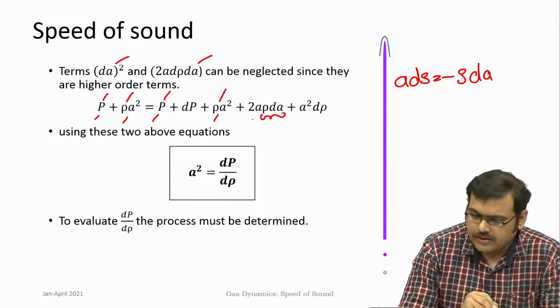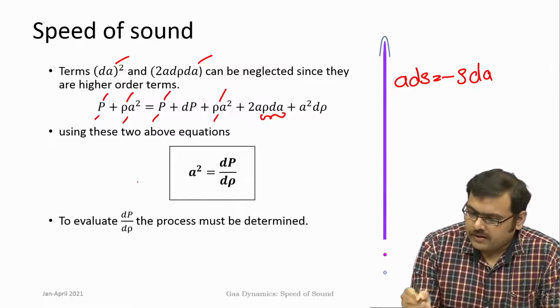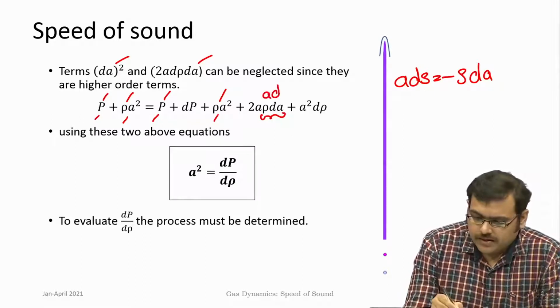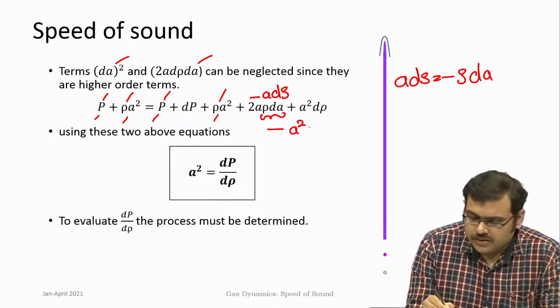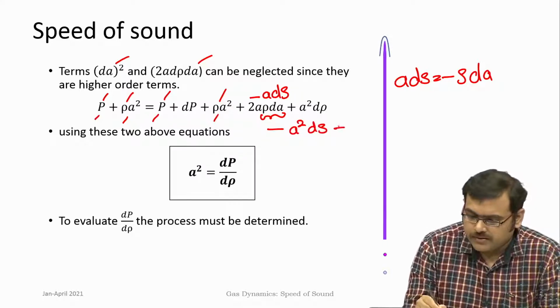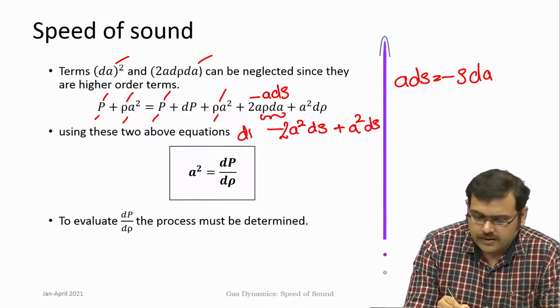There is a rho dA term here, and it can be replaced by a d rho, and there will be a negative sign, so that this equation then forms minus a square d rho plus 2a square d rho plus a square d rho, and you have a dp term here.